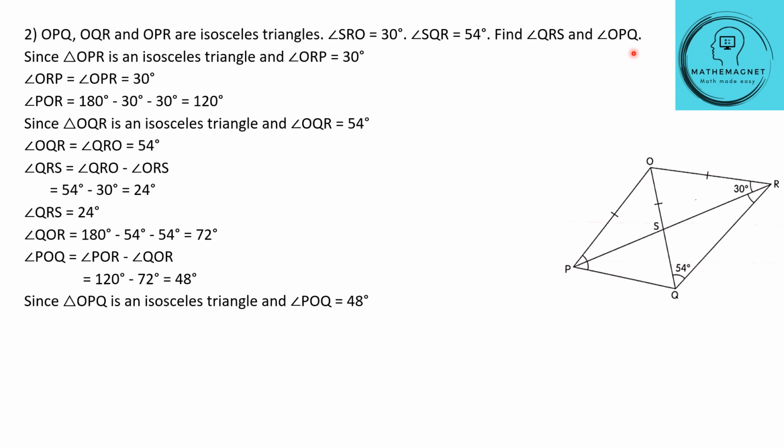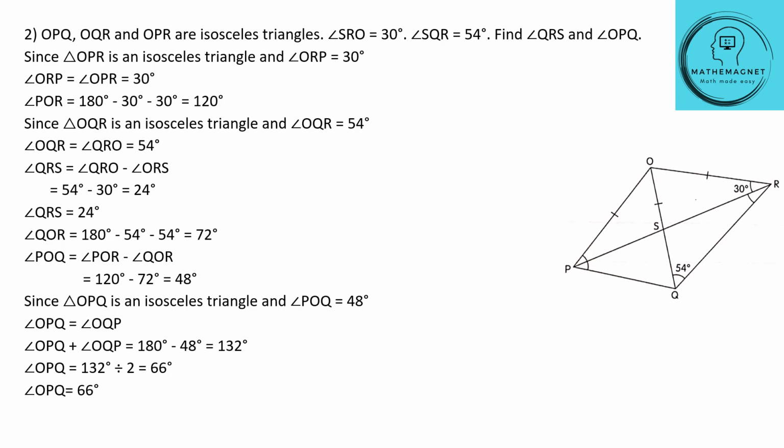OPQ plus OQP will be 180 minus 48, which is 132, and OPQ will be 132 divided by 2, which is 66. Now we found the second answer also over here. So QRS is 24 degrees and OPQ is 66 degrees.